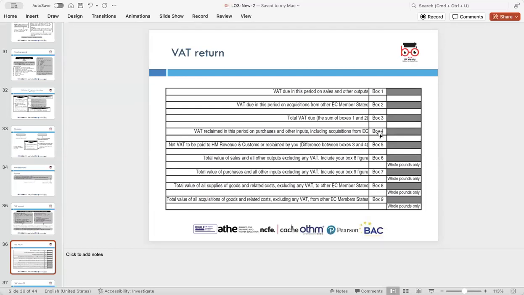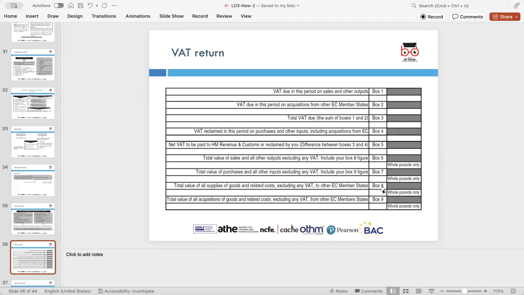Box 6, total value of sales and other outputs excluding any VAT, including the figure from box 8 if applicable, is reported here. Then box 7, similarly, the total value of purchases and other inputs, excluding any VAT, including the figure from box 9 if applicable, is reported here.